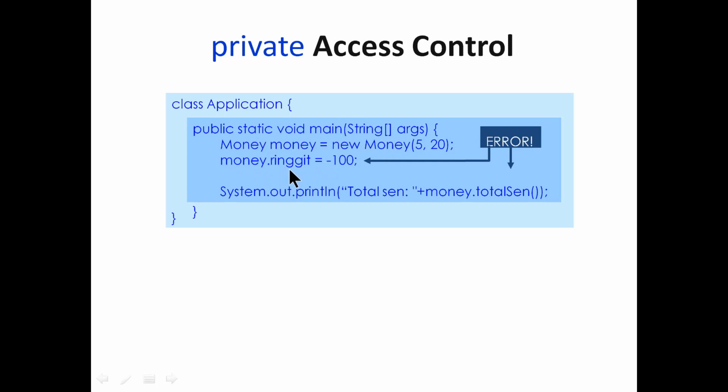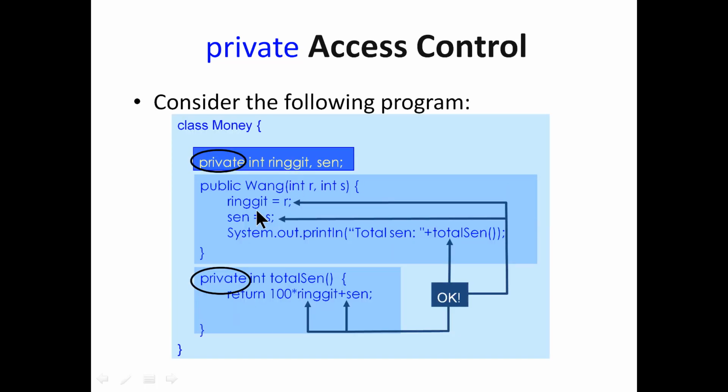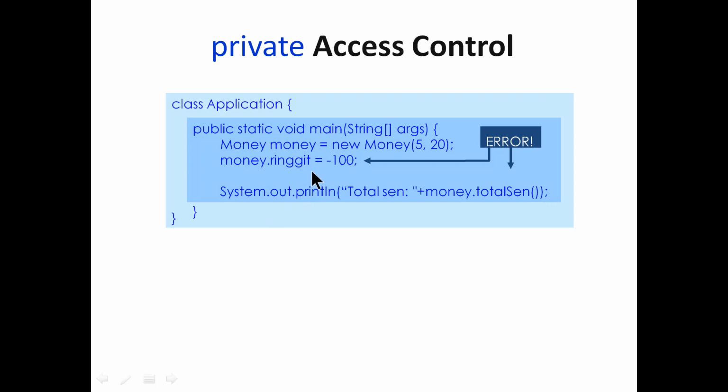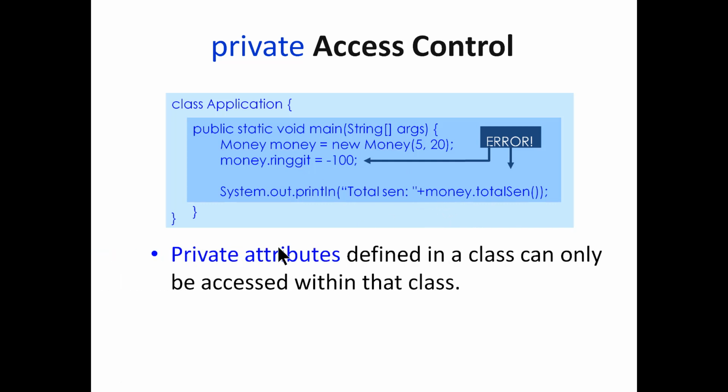You're trying to access the data member ringgit. You see ringgit is a private member, but you're trying to access this ringgit from main, with reference to the object, but the object cannot access any private member, so it's an error. You cannot actually call any private property or method. So private attributes defined in the class can only be accessed within that class.